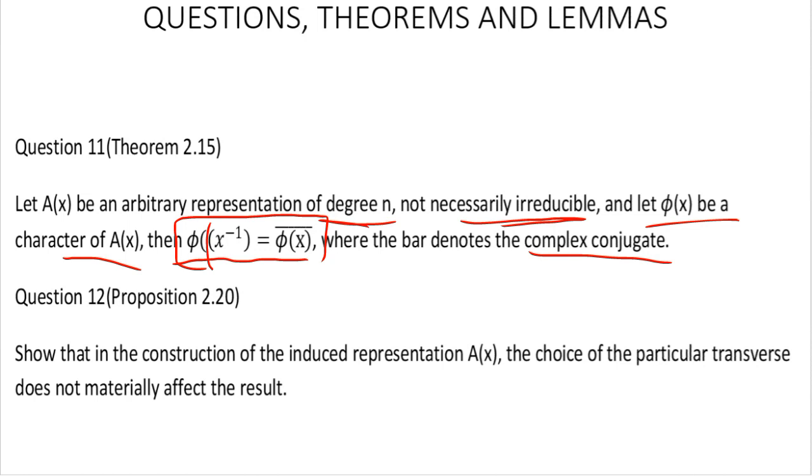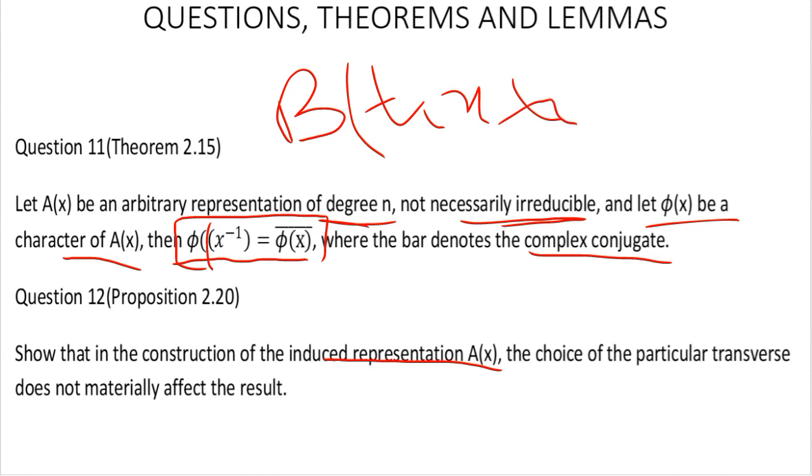Now, proposition 2.2 in your lecture notes says show that in the construction of the induced representation, we have an induced representation matrix. If you remember, we had diagonals of this form, Ti inverse, in the previous videos.